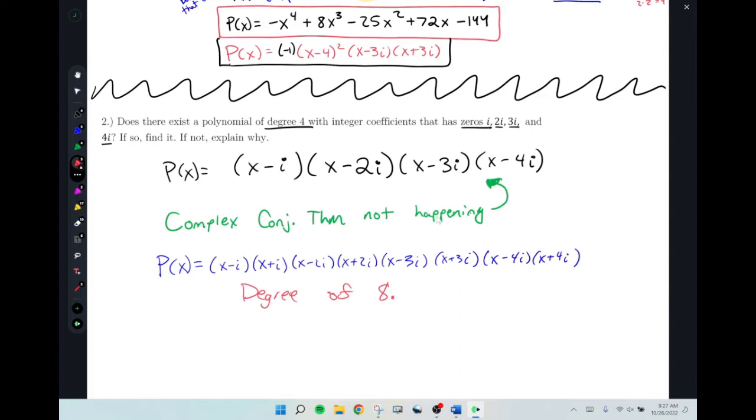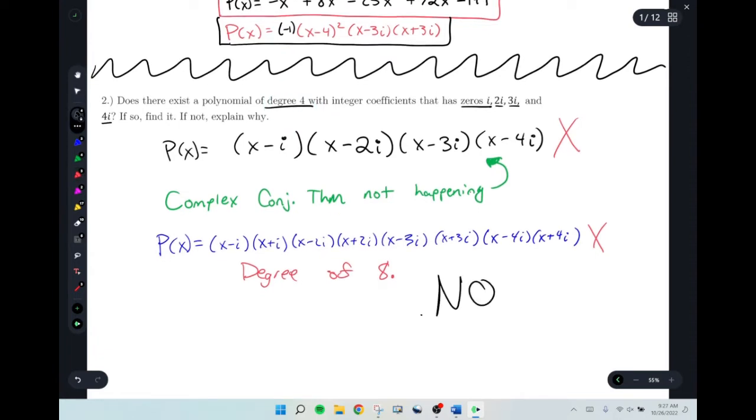Either the complex conjugate didn't happen, so this can't be true, or if we made it true, it's a degree of 8. So now we're not fulfilling our problem statement. So the question is, does this exist? No. No is the answer. And that's the complex conjugate rule.